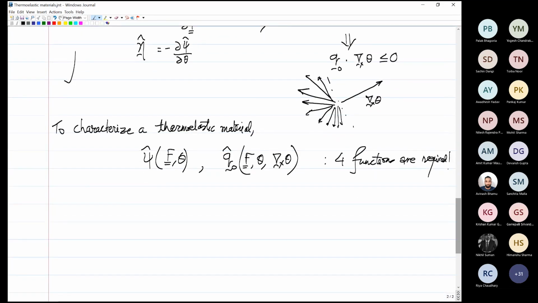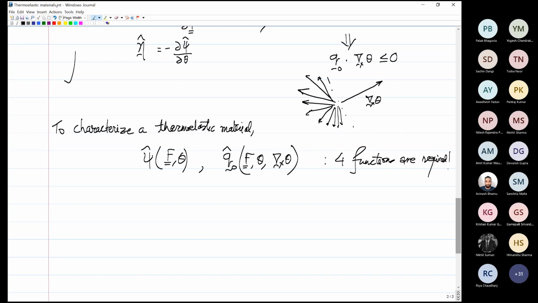Okay, so this is a restriction that is coming from the field equation, the second law of thermodynamics or entropy inequality. But you know that the constitutive equation has to satisfy several more things like objectivity, then material symmetry, right?